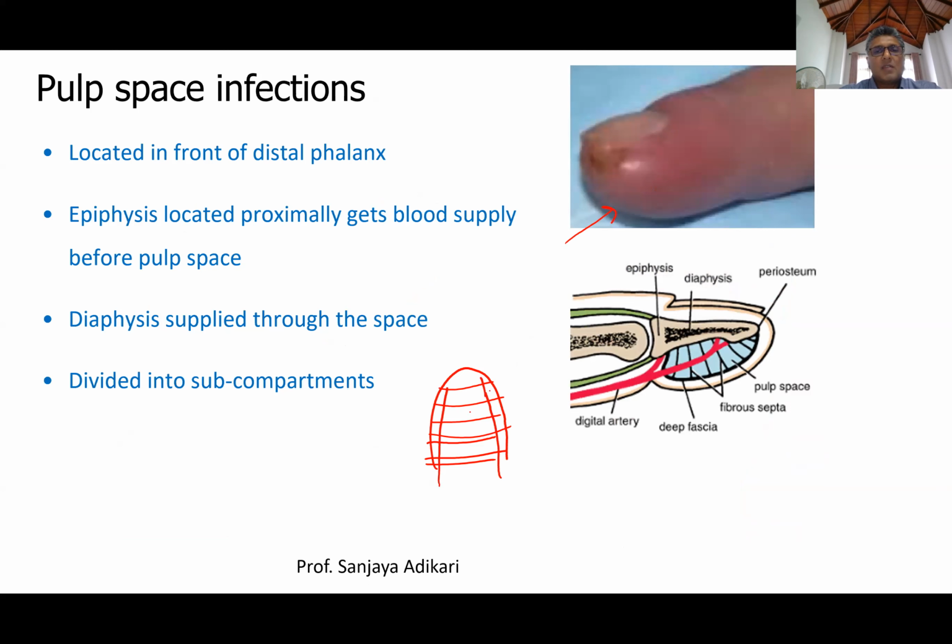So if several compartments are infected, putting a transverse incision is not recommended because the infection is there in other compartments as well, and the transverse incision can damage your digital vessels and nerves. So you rather put a longitudinal incision so that you cut through all the sub-compartments and release the pressure. That is one point that you need to remember.